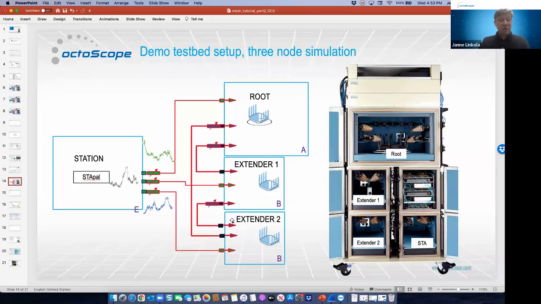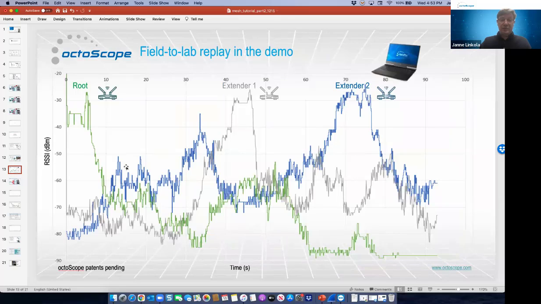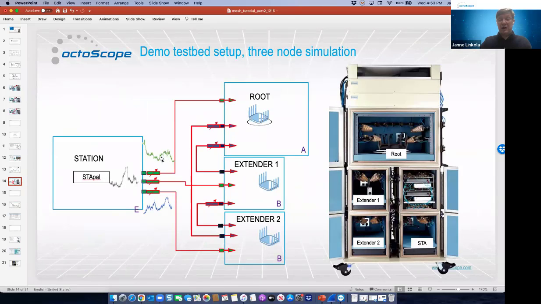Now, we have the same 3-node mesh set up here in our test bed. We're using recordings from the field to set the path loss between the root and all the other nodes. So the mesh experiences itself in this test bed just like it would experience itself if it was in the home. We use these 3 recordings to drive each of the 3 attenuators that connect the stay PAL to the mesh network.